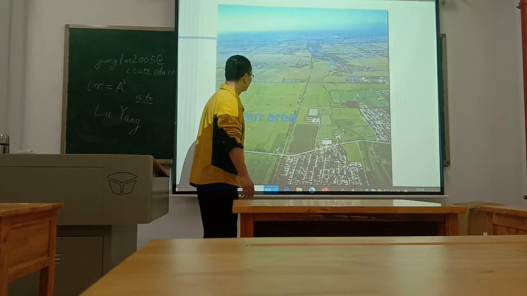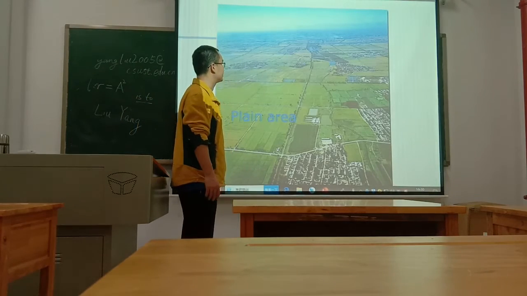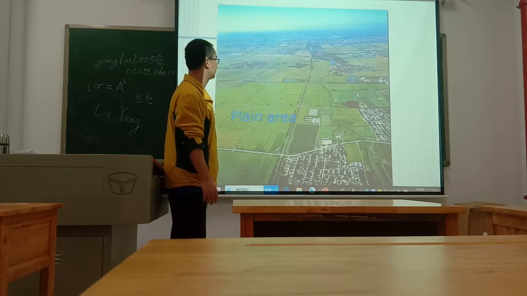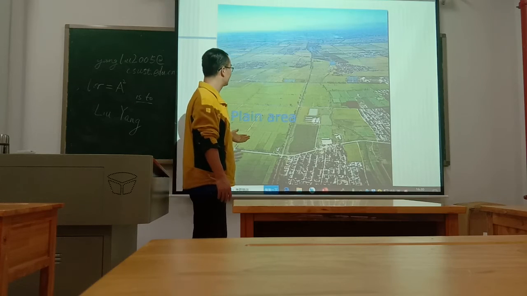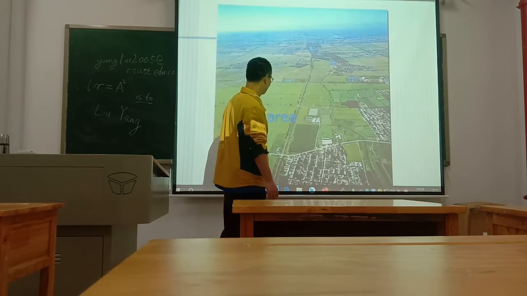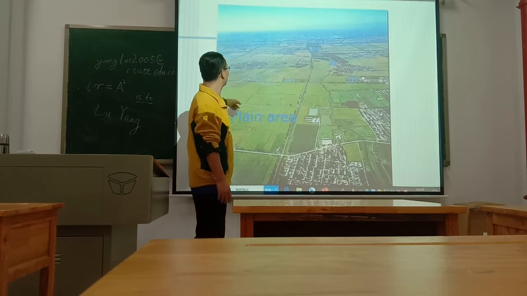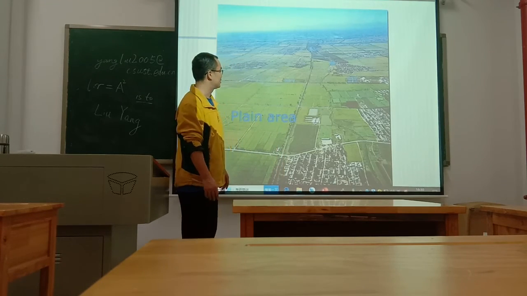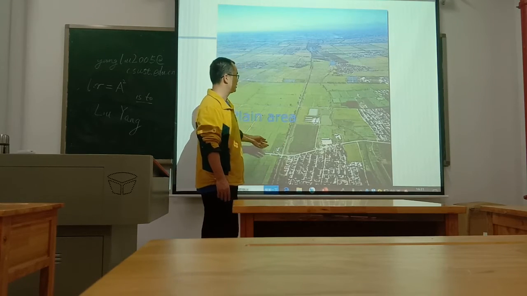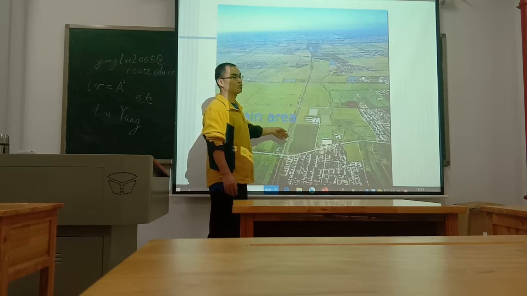This is a picture in a plain area. Where is the road? In the middle, this one. In a plain area the horizontal alignment is straight.